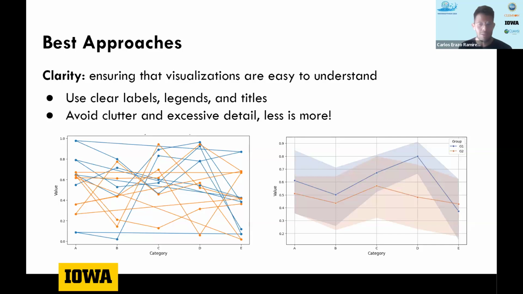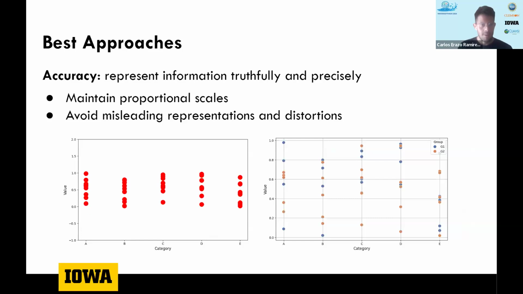Sometimes it's just the horizontal ones. I'm not saying that what I'm showing here is particularly something that you would like, but definitely the right one is a little bit easier to understand than the left, correct? What's another one too? Accuracy.